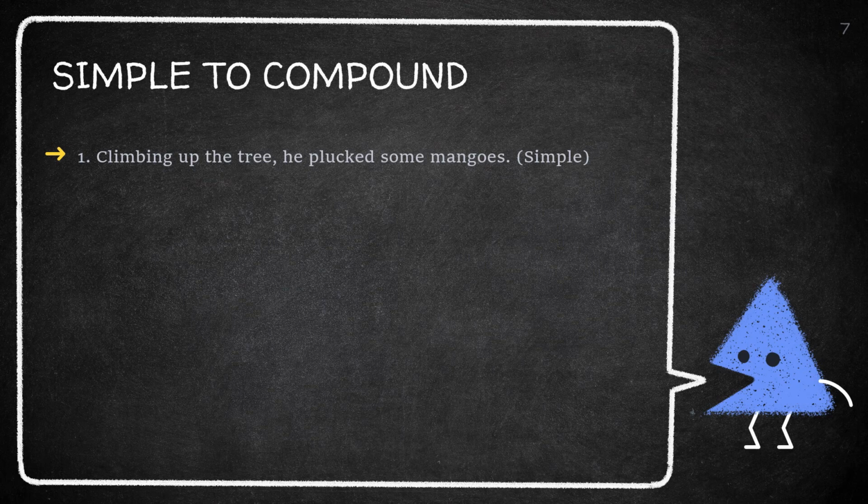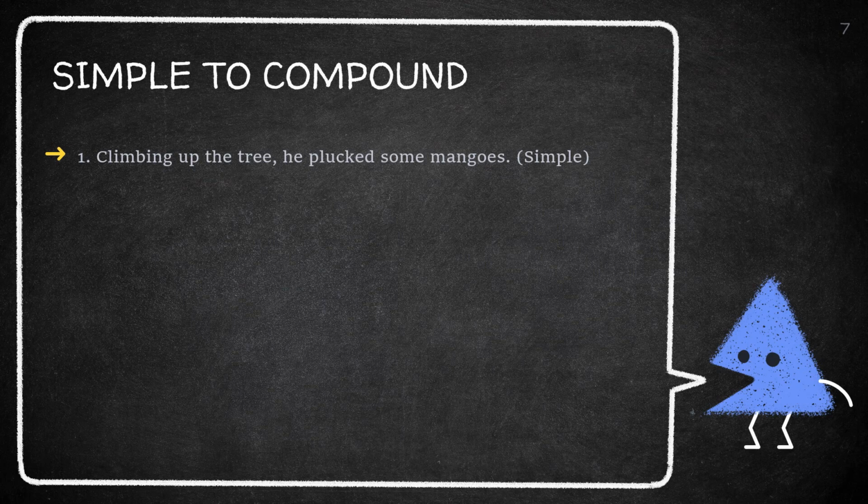So, when we want to convert it into a compound sentence, we will have to be careful and add one more verb. Now, the easiest way of adding a verb would be to see whether there is a non-finite verb and change it into a finite verb. For example, we already have a non-finite verb over here, climbing, which is a present participle.